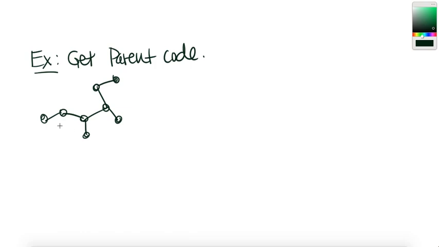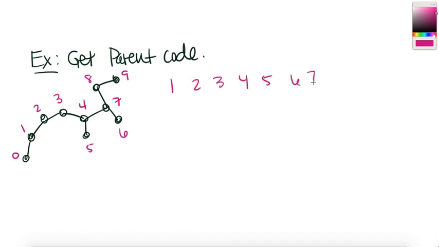Okay, and let's label our tree. Generally, you'll be given labeled trees. Okay, so 1, 2, 3, 4, 5, 6, 7, 8, 9.